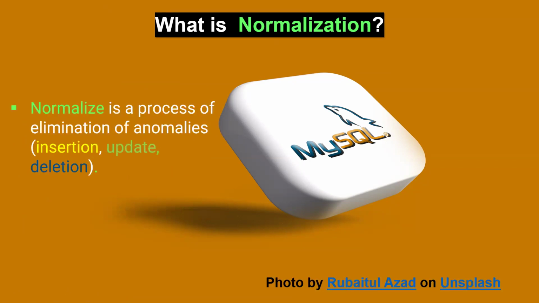So normalization, what is it? Normalization is a process of elimination of anomalies. What are the anomalies? The anomalies could be insertion, update, or delete.